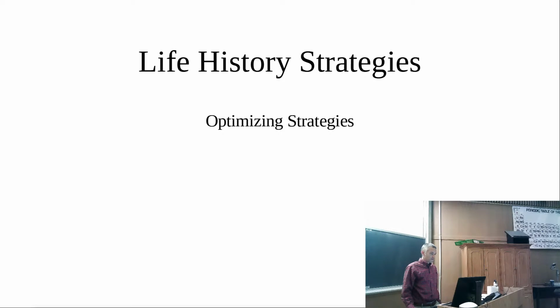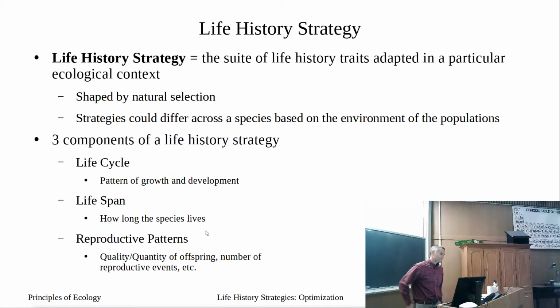So we're going to start with life history strategies and talk about how they are optimized. So what is a life history strategy? A life history strategy is a suite of life history traits adapted in a particular ecological context.